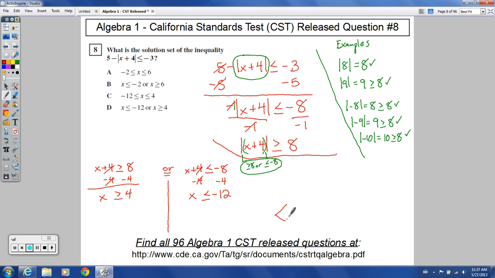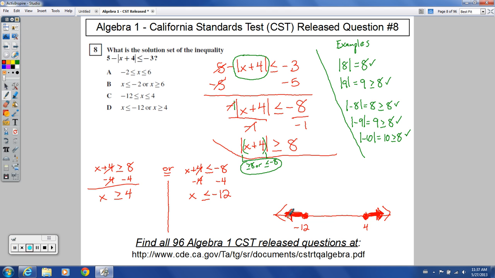If I think of this on a number line, I think that's a good way to think about something like this. I'll put 4 over here and negative 12 over here. Since it's or equal to, I'm going to fill in those points. It's greater than or equal to 4, so it goes this way for x, or less than or equal to negative 12, so it goes this way for x.